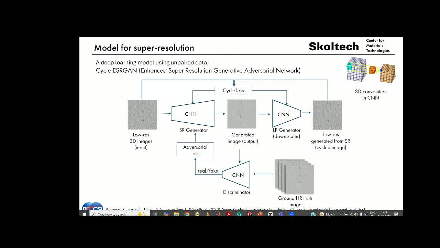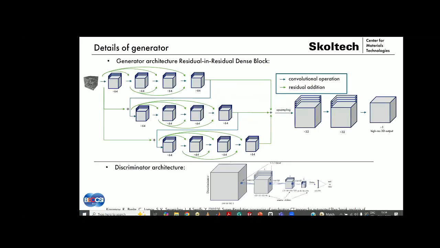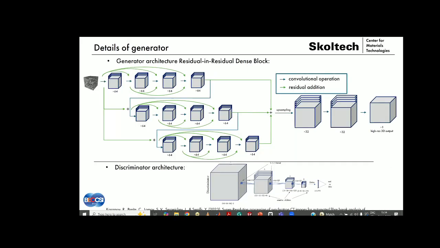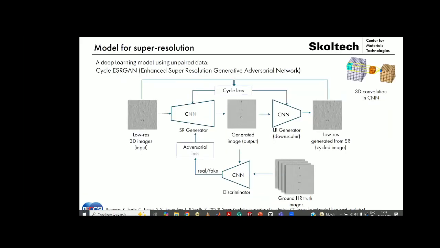I will not go into details, but if you're interested, we can discuss it. As I showed, this also was a rigorous process that involves a lot of computations. This is the internal structure of the generator.